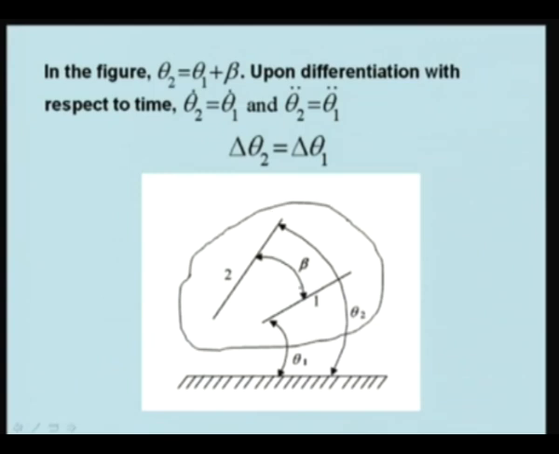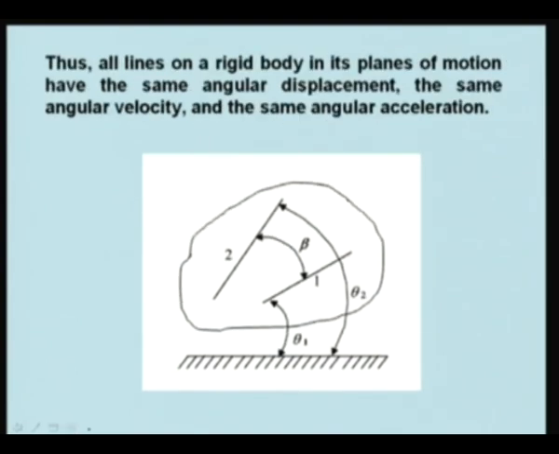So, beta has to be constant with time. Therefore, theta 2 dot is equal to theta 1 dot and theta 2 double dot is equal to theta 1 double dot. Similarly, delta theta 2, that means the change in the angle of this line, is the same as delta theta 1. Thus, all lines on a rigid body in its plane of motion have the same angular displacement, the same angular velocity and the same angular acceleration.